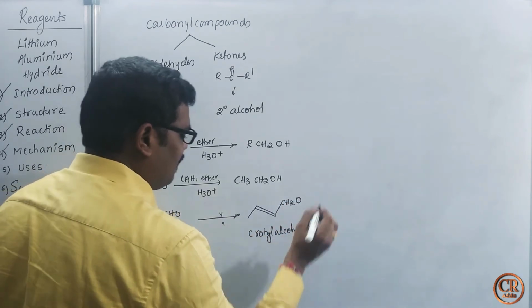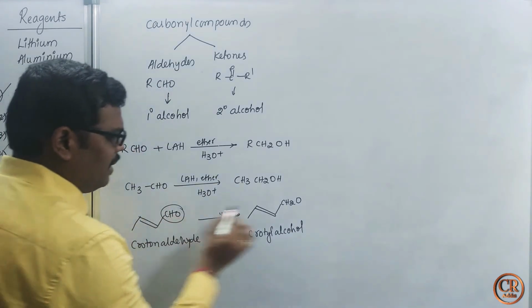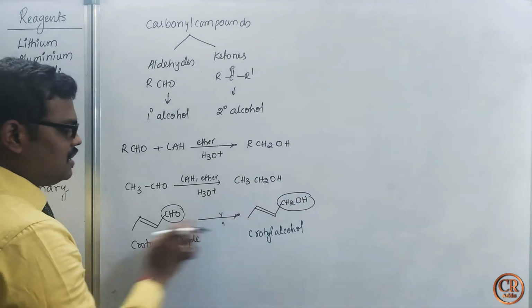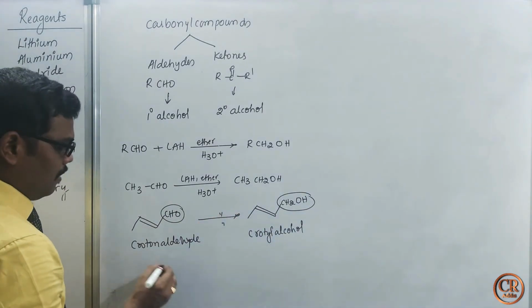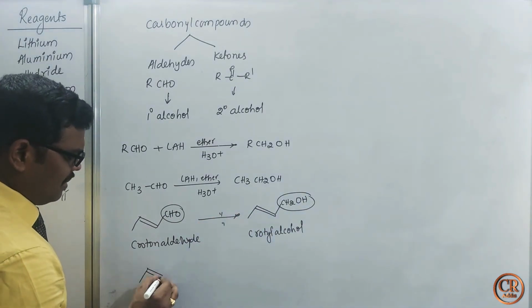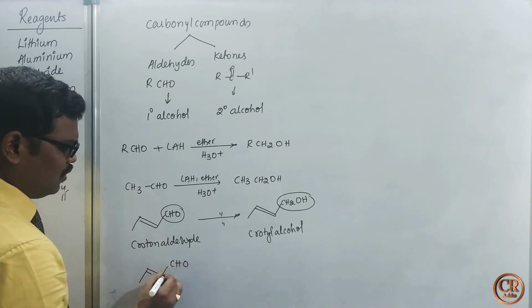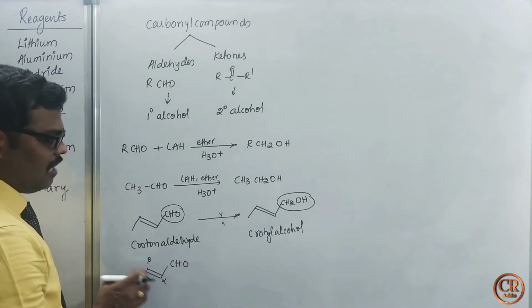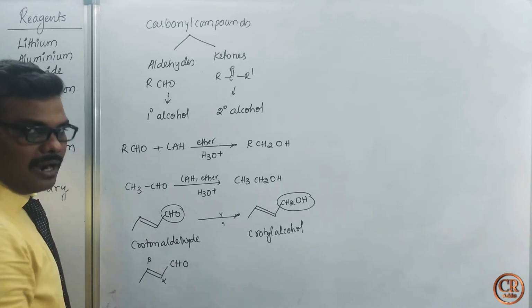Remember, only the aldehyde group is reduced to alcohol, but there is no change in the double bond. Suppose if you take another compound, here CHO, this is alpha carbon and this is beta carbon. This is alpha beta unsaturated aldehyde.